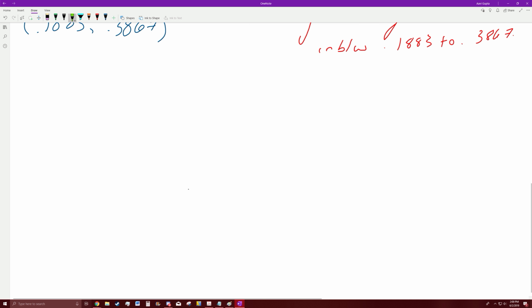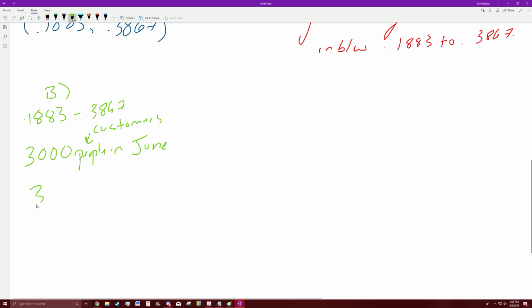So we have the interval 0.1883 to 0.3867. This is part B. Right, so this interval is the proportion of people. So first thing we have to do is convert this to people, right? So we have 3,000 people in June. And by people, I mean customers.